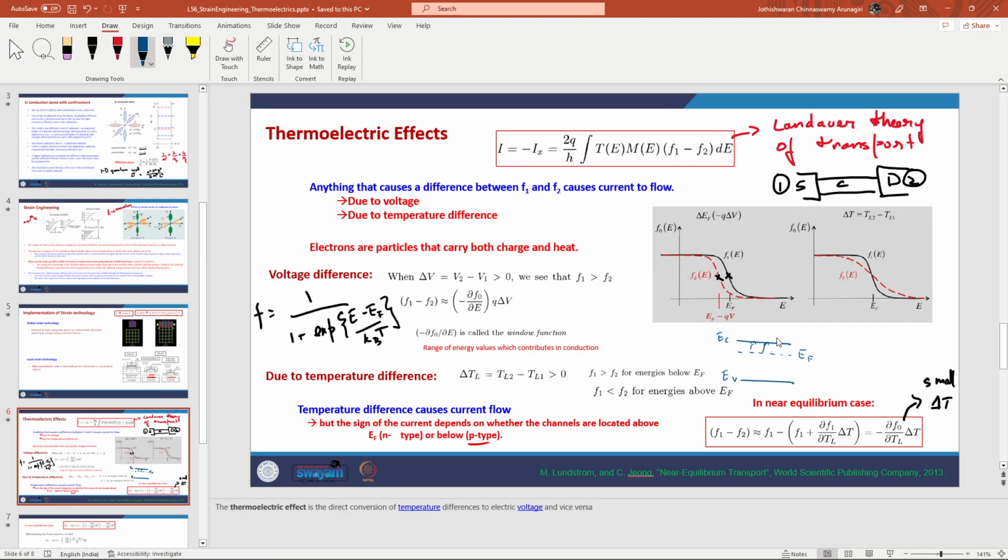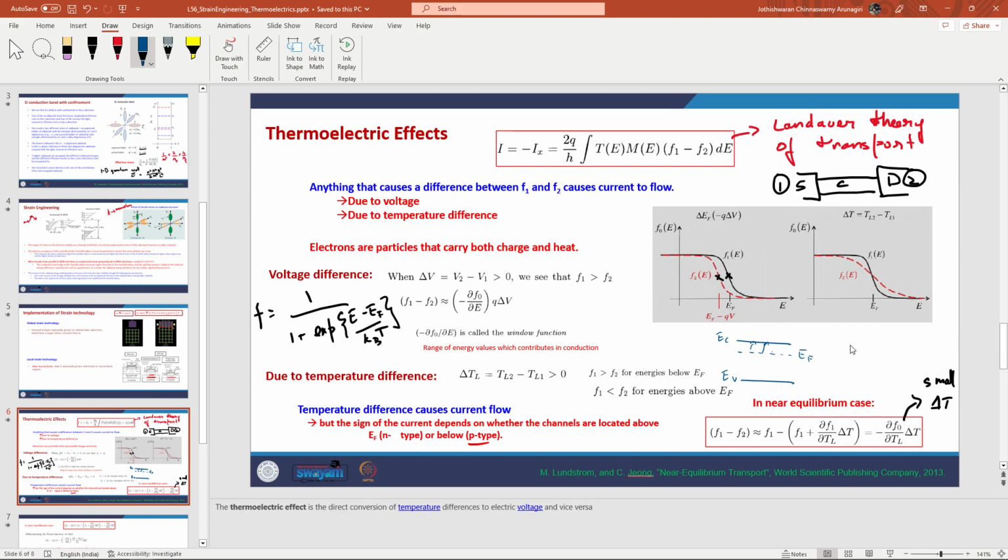Boosting the temperature will give me more electrons. That implies the thermoelectric current will be comprised of electrons moving. If I have two different temperatures in two regions, there will be fewer electrons on one side and more electrons on the other side. Electrons will migrate from higher concentration to lower concentration, so the electrons will move from the region of high temperature to low temperature.